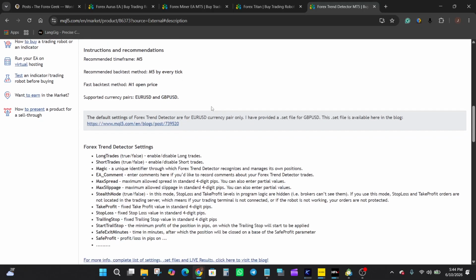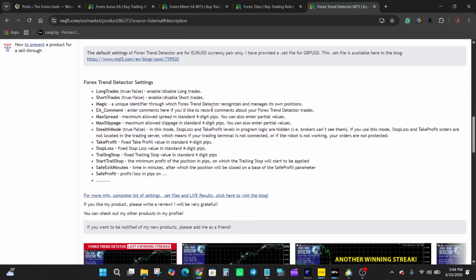Moving into the settings, there are controls like long and short trade activation, spread and slippage limits, stealth mode for hidden stop loss and take profit, trailing stop logic, and other parameters like safe exits and magic number management.